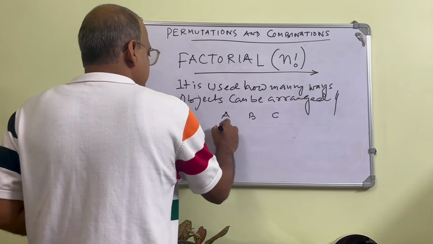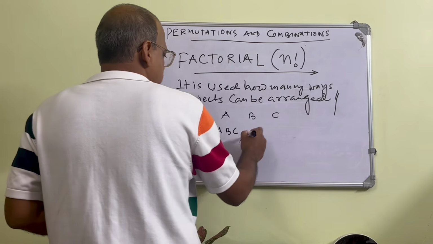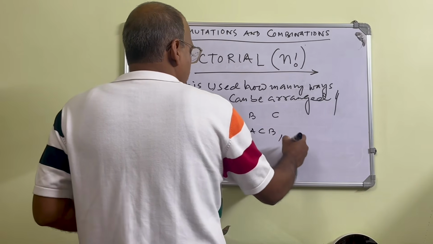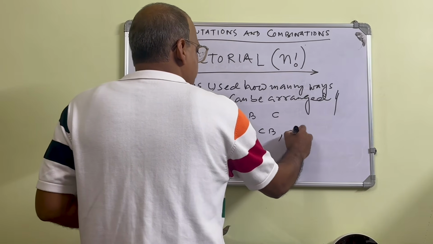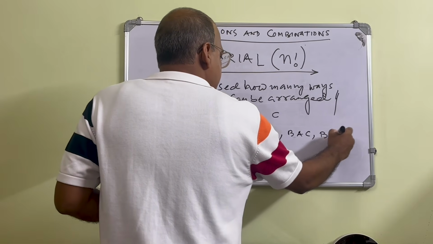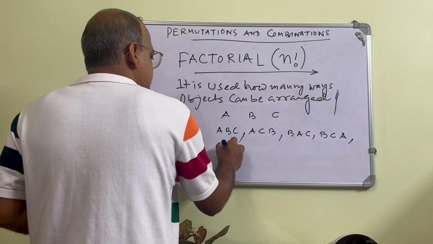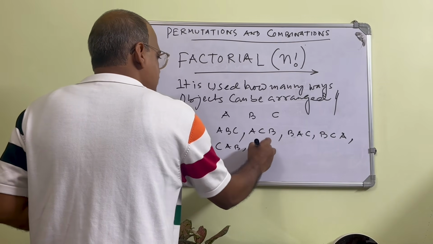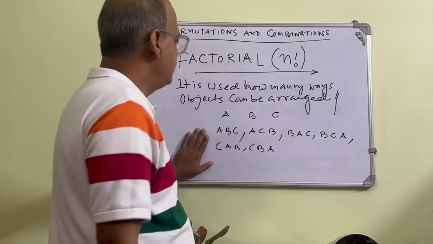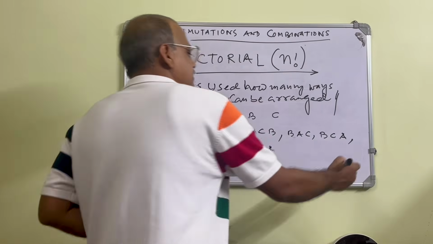It could be A, B, C, or A, C, B, or B, A, C, B, C, A, or C, A, B, or C, B, A. So it can be arranged in 6 ways.